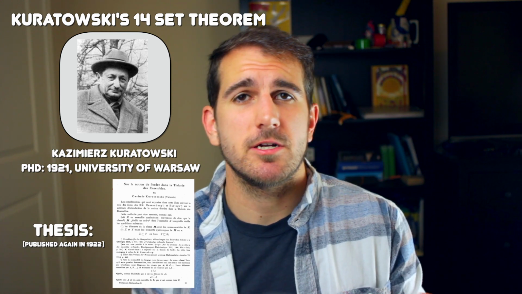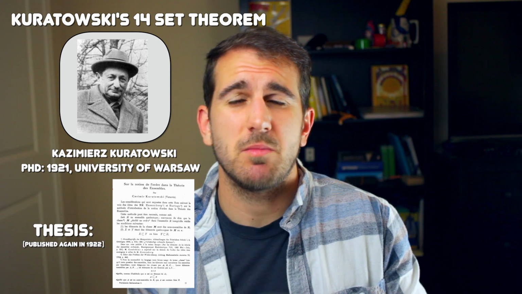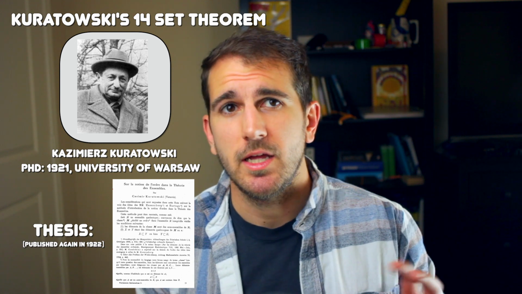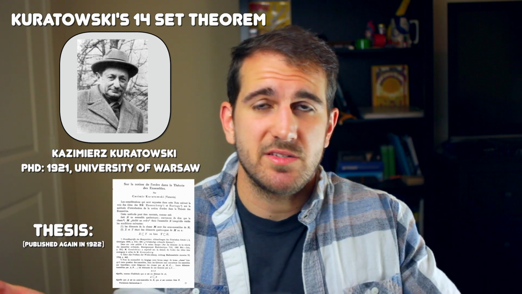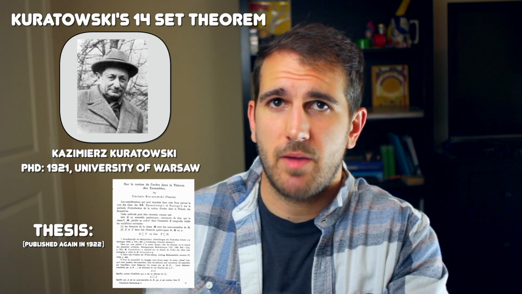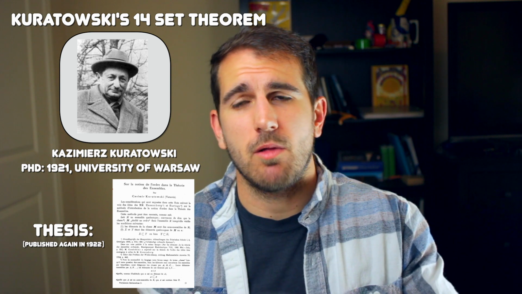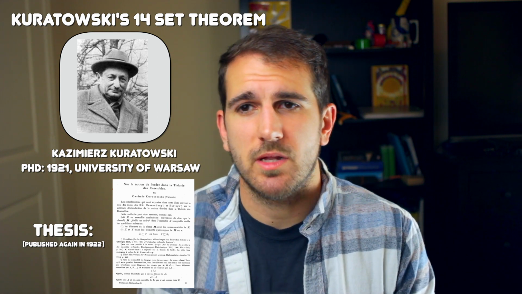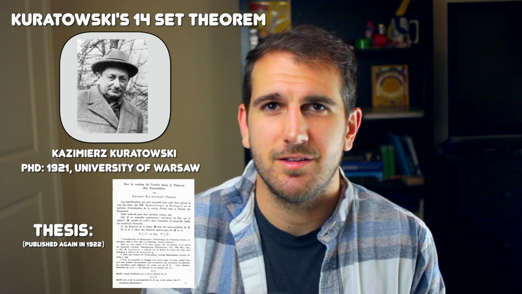An updated version of Kuratowski's PhD thesis was published again in 1922, and since then, the portion of it about the 14-set theorem has become a homework problem for aspiring mathematicians instead of something that's stated as fact with proof in a textbook. So this problem is often labeled as a difficult problem in topology textbooks, and rightfully so.